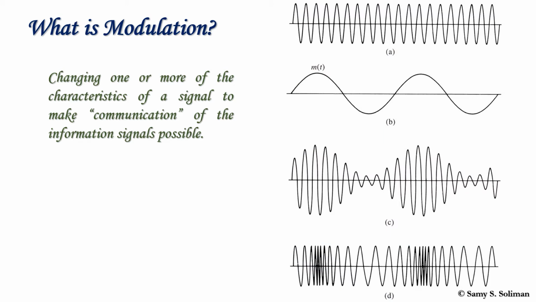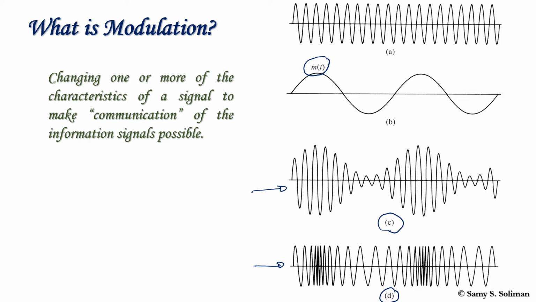As you can see in both examples here in figure C and figure D, while we wanted to transfer the information message m of t, the signal that is actually transmitted has a much higher frequency than the original information signal m of t.